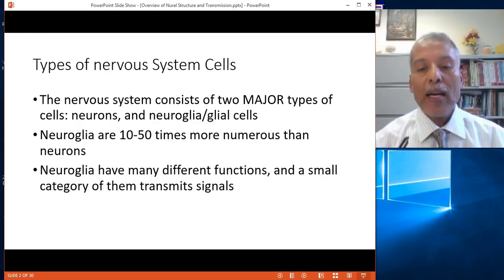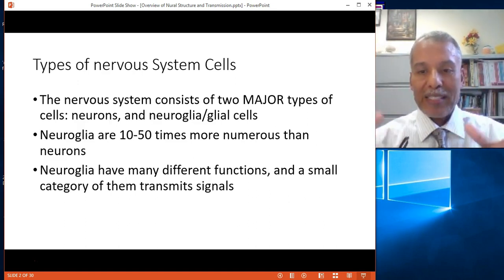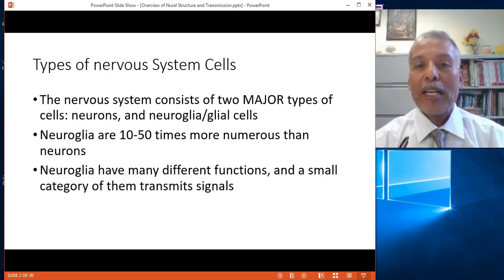When you order a book or a piece of equipment from Amazon, it usually comes in styrofoam peanuts and packaging material that wraps the thing so it can remain intact until it reaches you. The neuroglial cells play numerous functions.